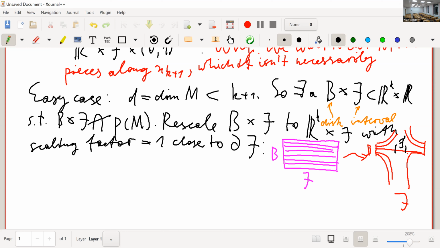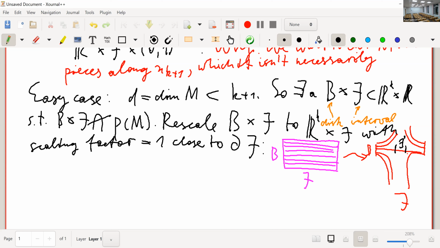And then what do we get? We get some partially defined map, which is defined on an open subset of B cross J.